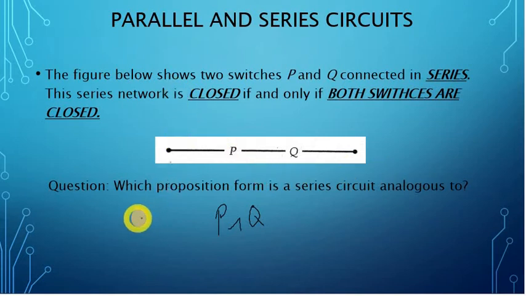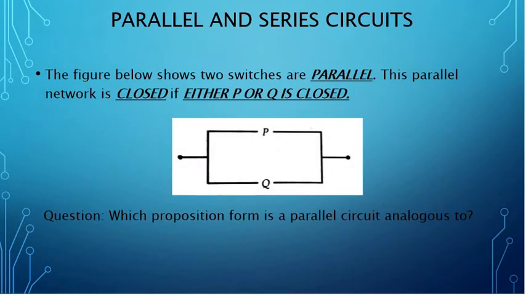So if the network is a series circuit, we can somehow liken it to a conjunction. On the other hand, we have here two switches that are parallel. So this is what parallel looks like. And this parallel network is closed if either P or Q is closed.